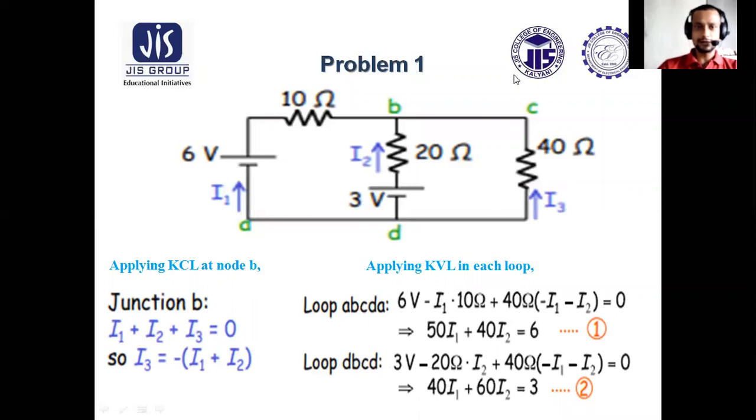This is the given circuit. Now see, all the terminals are marked here.